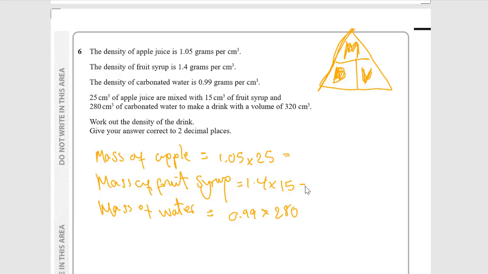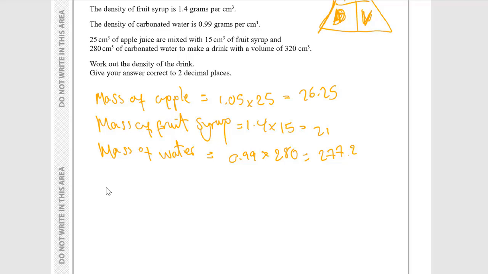So using our calculator, 26.25, 21 is 277.2. So the total mass is going to be all of those added together.